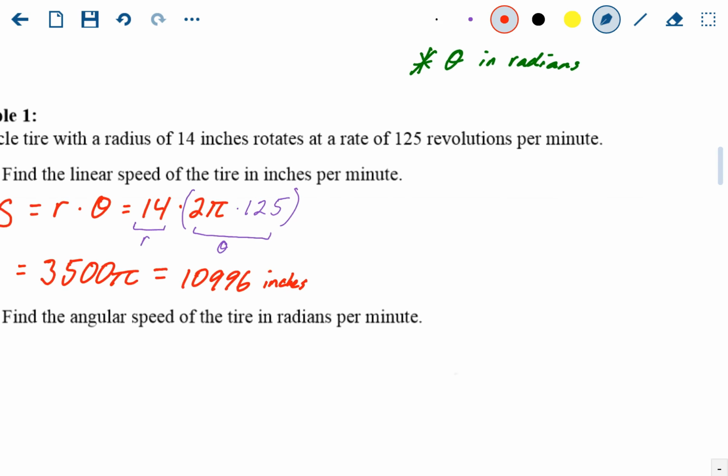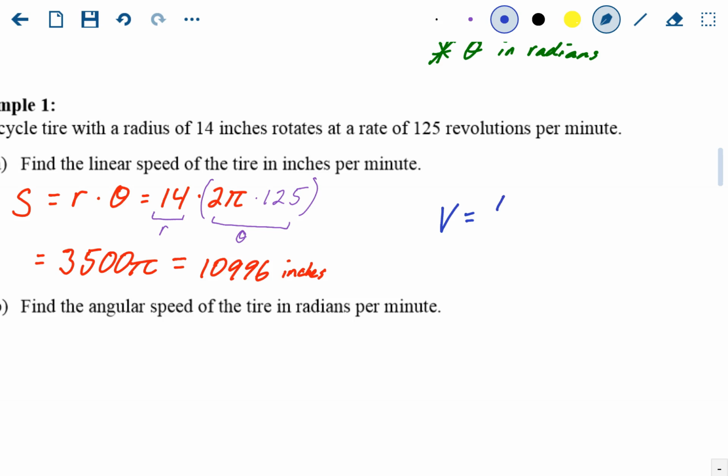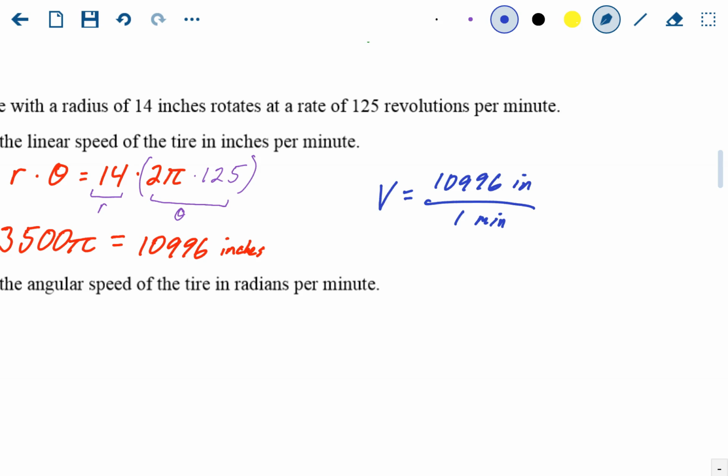Now to write it as a linear speed, it's just going to be that distance, the arc length, which we just found, 10,996 inches. And it was traveling that far in 1 minute. So anything divided by 1 is just itself.